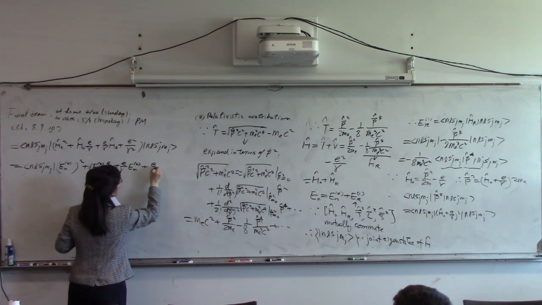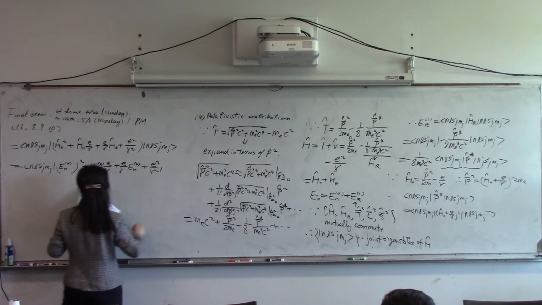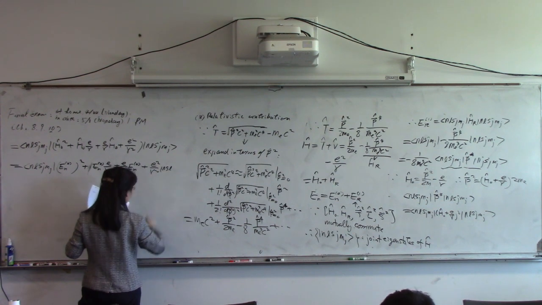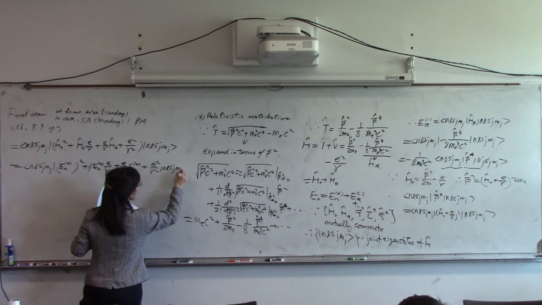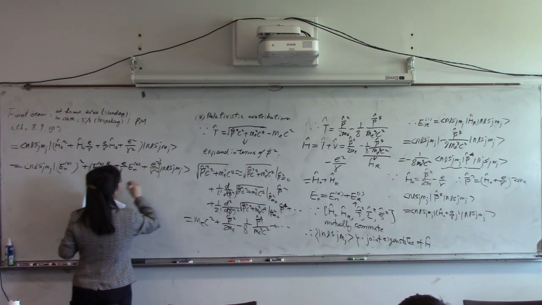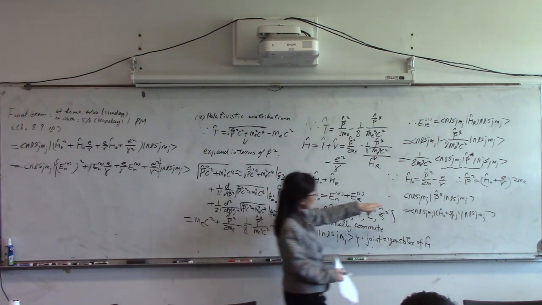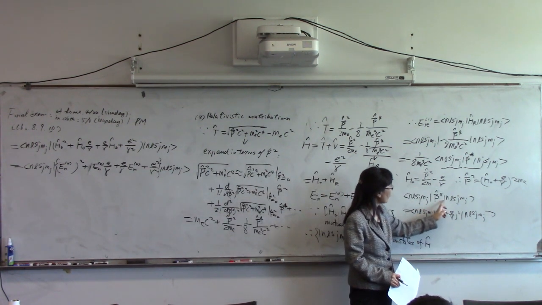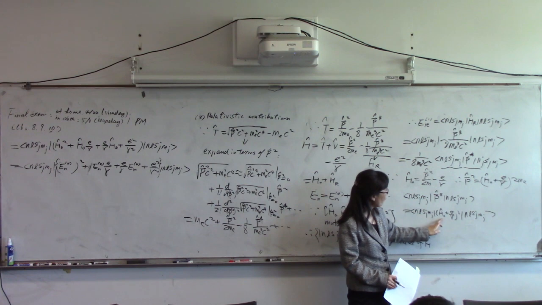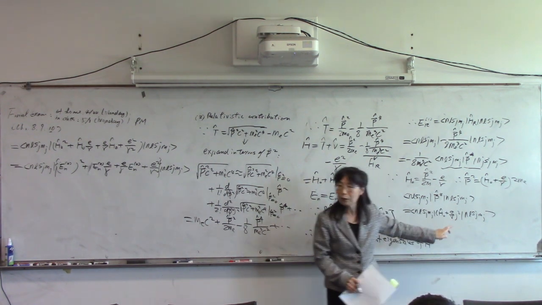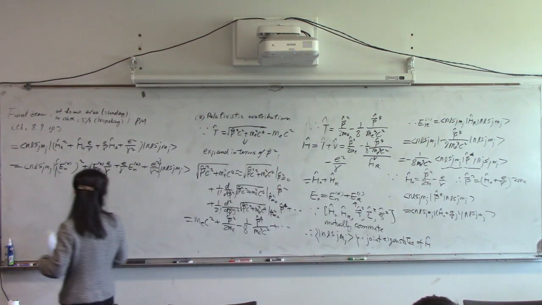The last one I keep here. The reason we replace p to the fourth power is that we do not know what p gives when applied to this, but we know it is actually H naught, so we have replaced it. And this we have from chapter 6, we have the result, right?